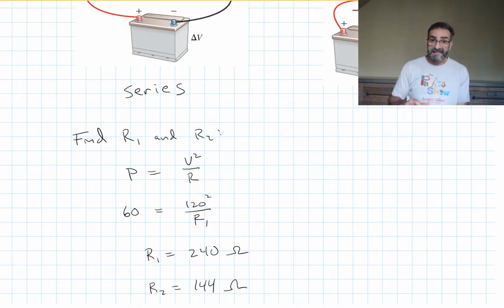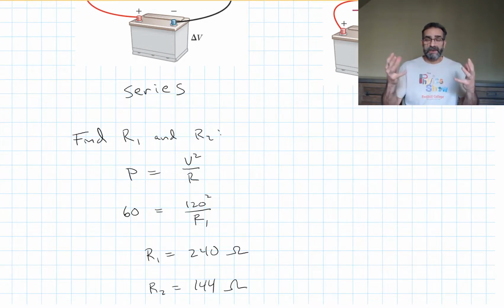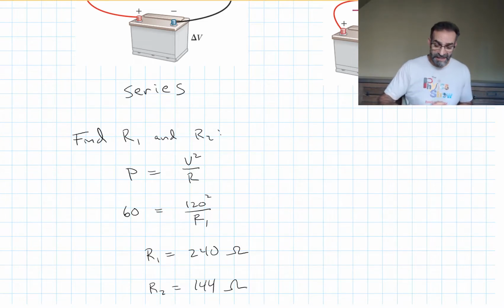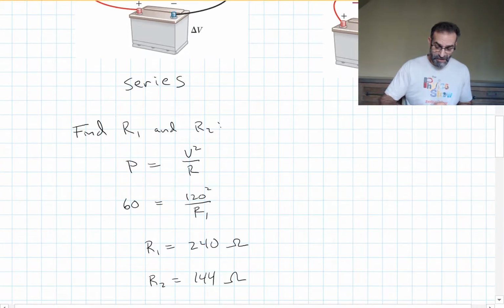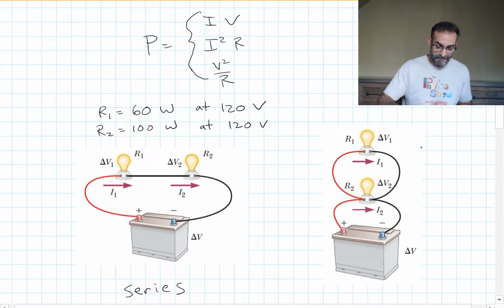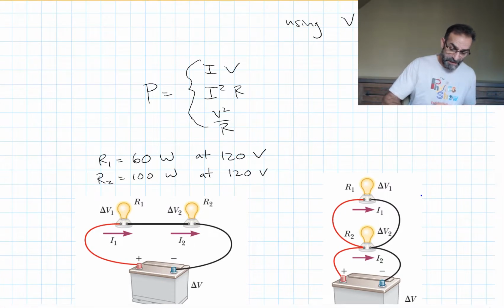Does that make sense? The one that dissipates more power when it's hooked up to 120 volts has the smaller resistance? Let's see. When both of them are hooked up to 120 volts, the voltage is the same for both of them.